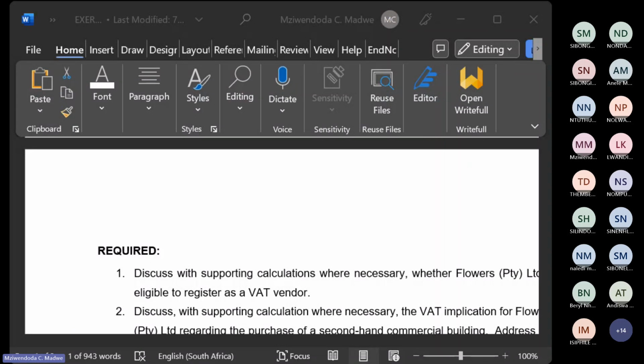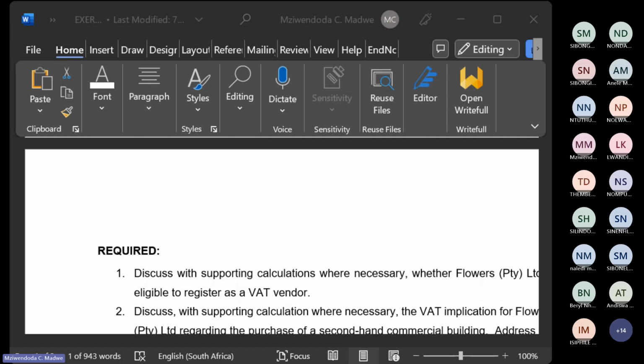In order to know that, you go straight to your tax legislation. So there is no need to memorize this. The only thing that you have to know is the value, because you are going to get the information from your legislation.